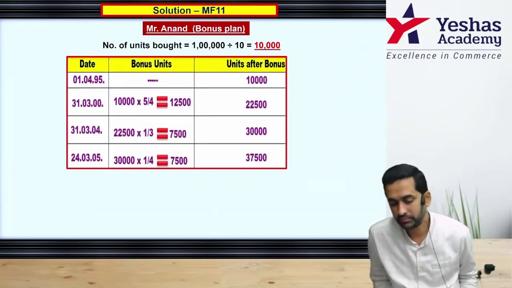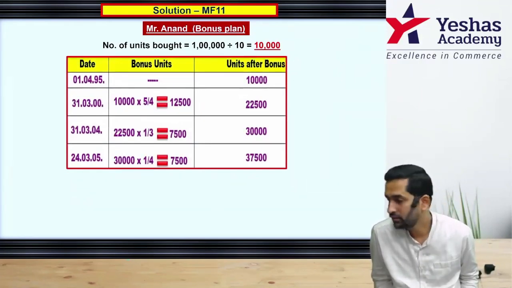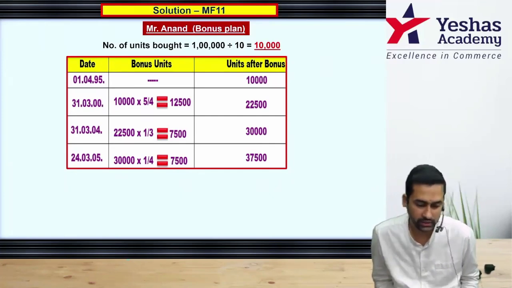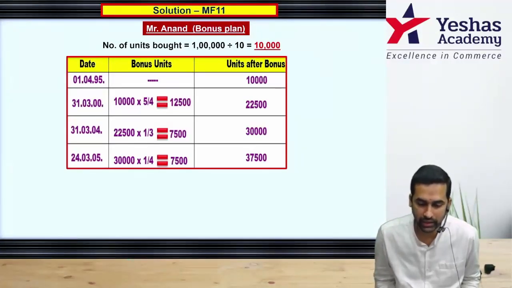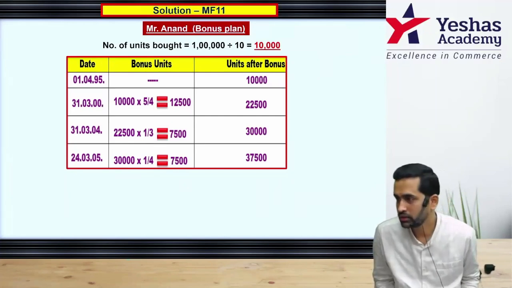Start. 1/4/1995 units was 10,000. This is the starting point. On 31/3/2000, bonus units will be 10,000 into 5 divided by 4. So simple cross multiplication. For 4 held, 5 bonus.